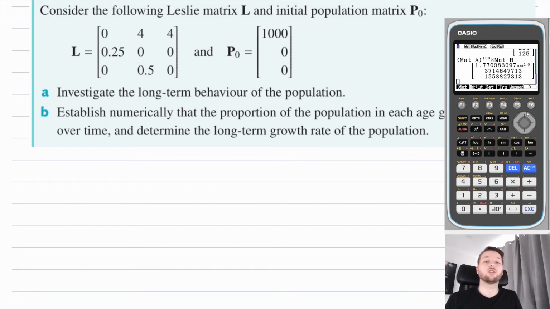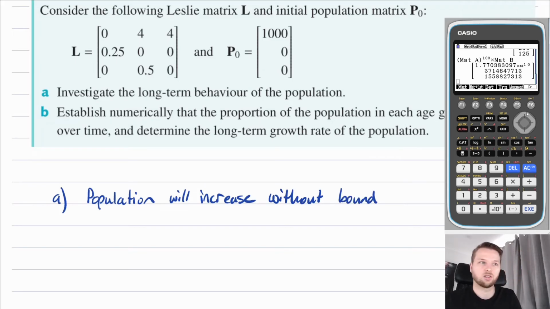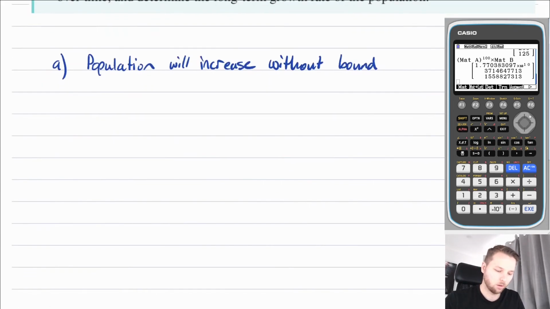Wow, so that's huge. So our population over time is just going to increase without limit. So the population will increase without bound. Right, there's no limit to how big the population will go.